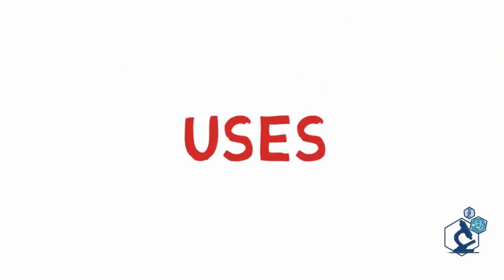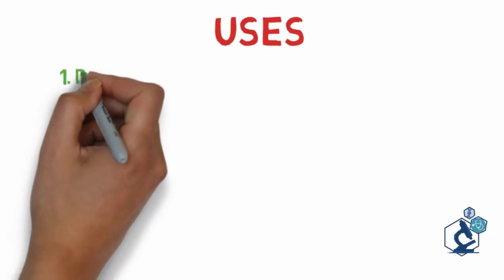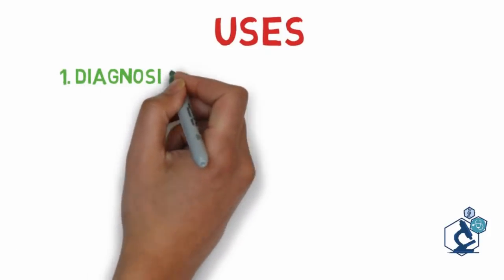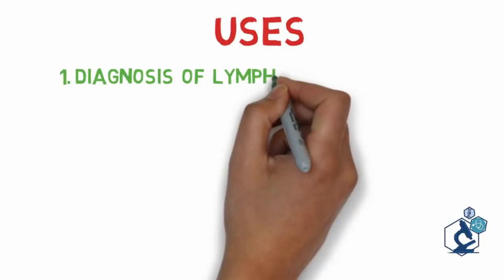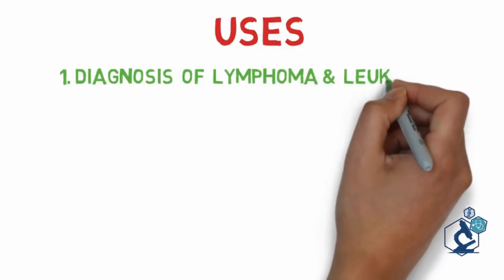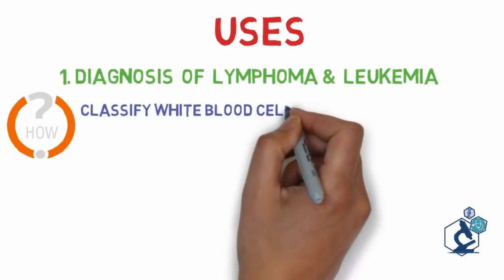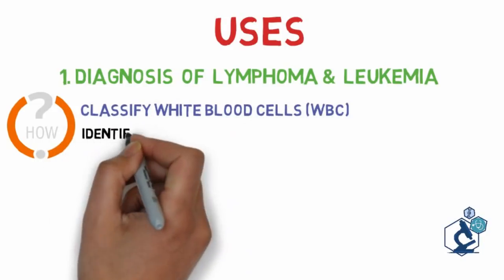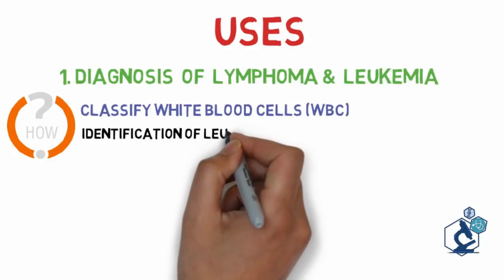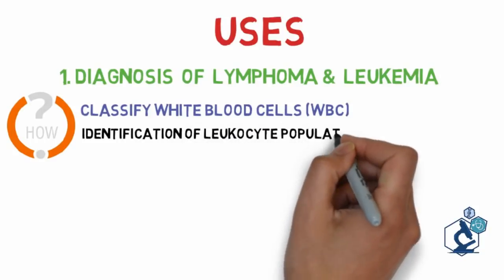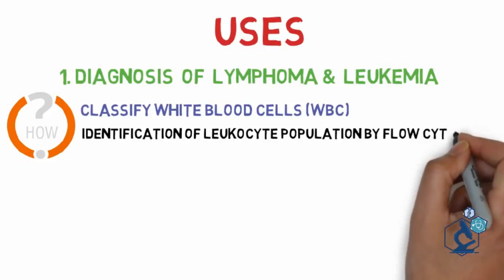Now coming to the uses of CD markers in flow cytometry. CD markers are critical for the diagnosis of lymphomas and leukemias. They are especially useful for identification of various leukocyte populations using flow cytometry. CD marker specific antibodies have been widely used for cell sorting and identification in flow cytometry based machines.